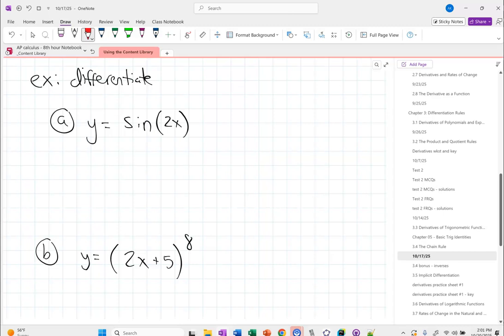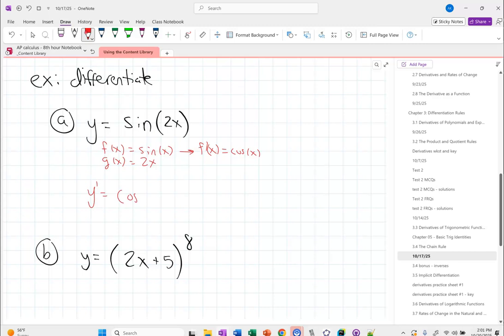All right. So if I look at this, sine of 2x, we see a composition. What is the outer function? And the inner function is 2x. So if I do the derivative, I'm going to take the derivative of the outer, which is cosine x.